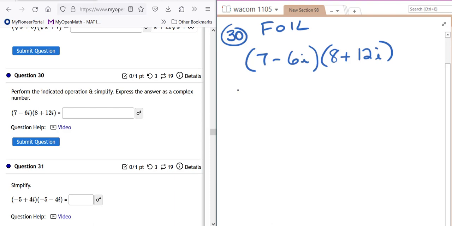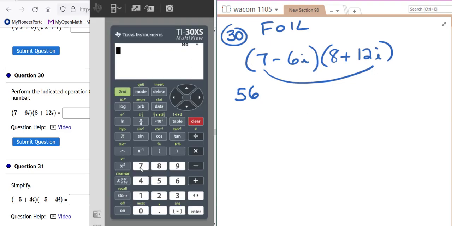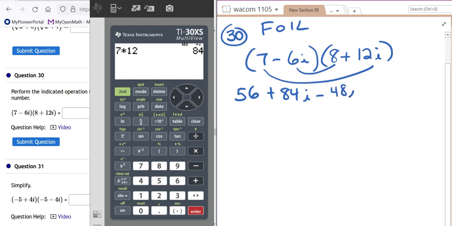First term, 7 times 8 is 56. Outside, so we have 7 times 12. So we get 84i, and that was positive. Inside, we're going to get minus 48i. And last, we're going to get minus 12 times 6. Minus 72, but notice here you're getting I times I, which gives you I squared.